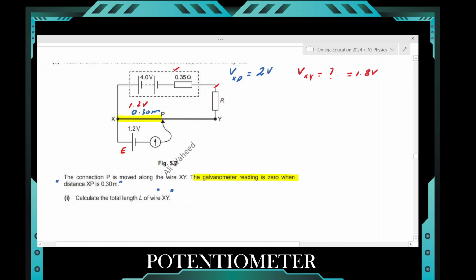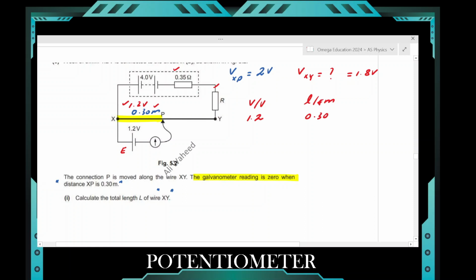So now let's use cross multiplication. You write voltage on one side and length on the other side. Let me write the given one first. If the voltage is 1.2, it was given for the length 0.3 meters.